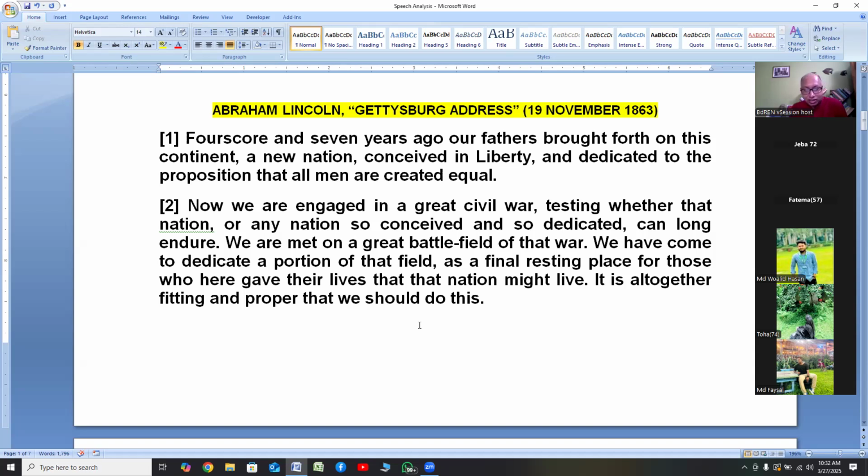Then you have to think of how the speaker puts emphasis on what he says. You have to think of the use of tricolon, that is, three consecutive or successive sentences, to put emphasis on the essence of the speech.